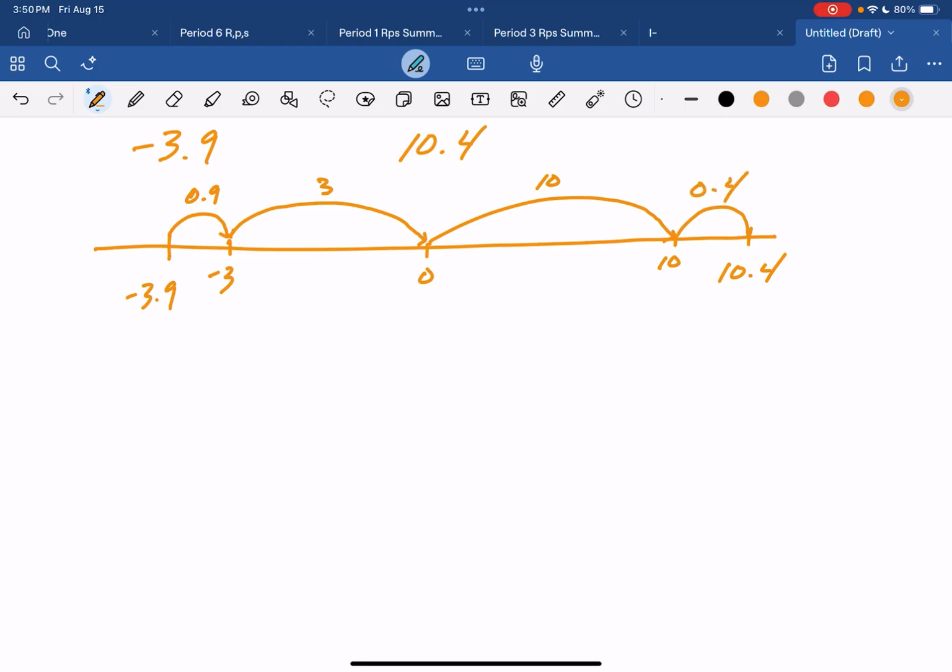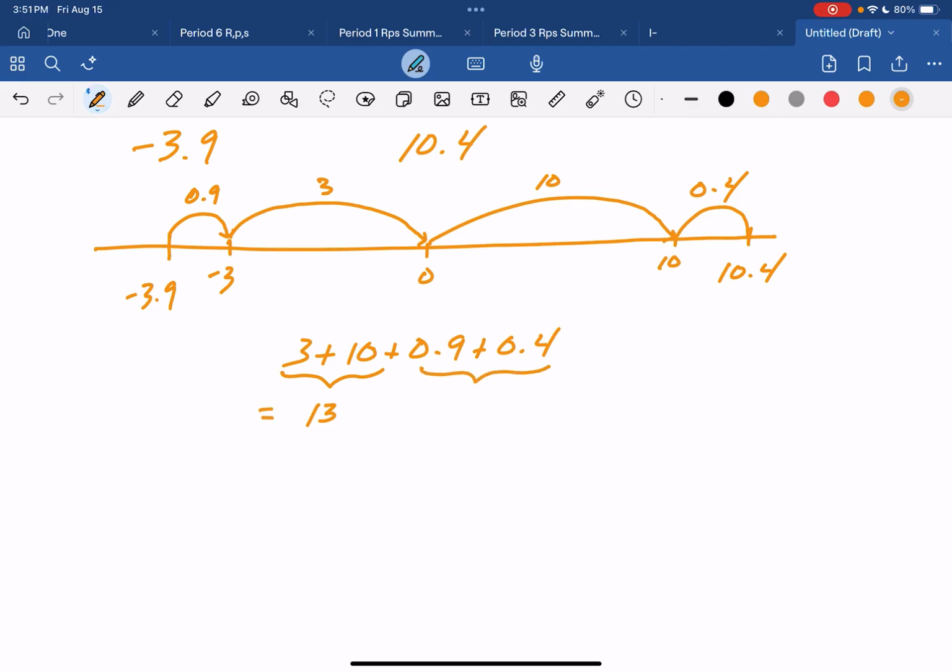And then we can take the sum of those numbers. So 3 plus 10 plus 0.9 plus 0.4. And we can find that sum: 13, and then this is 1.3.